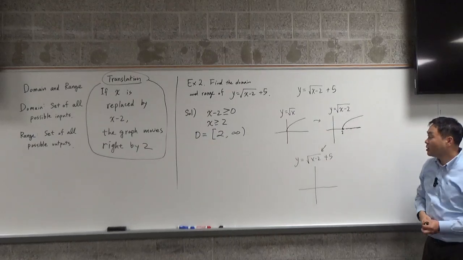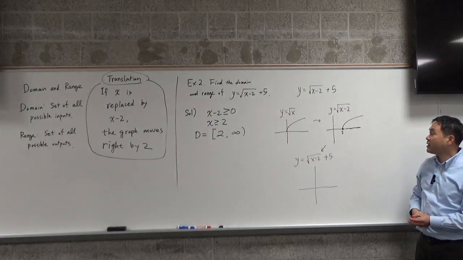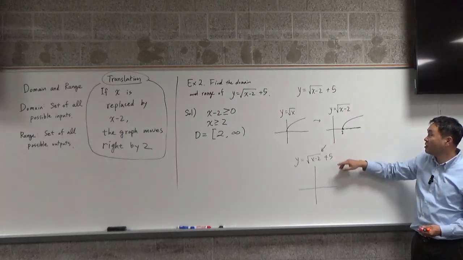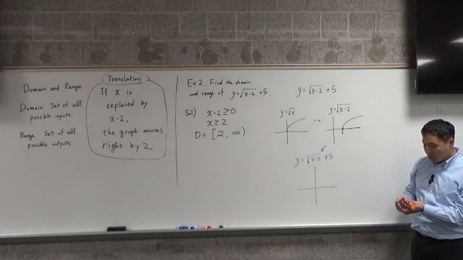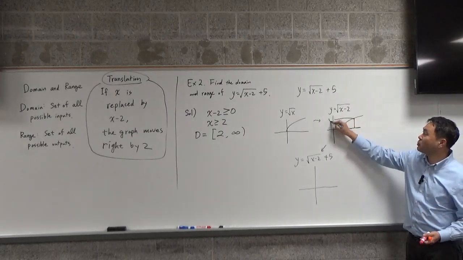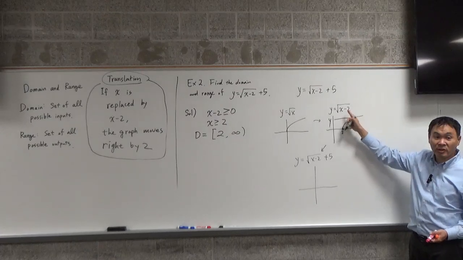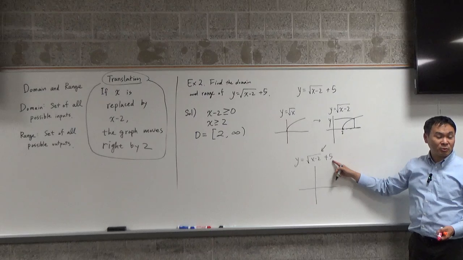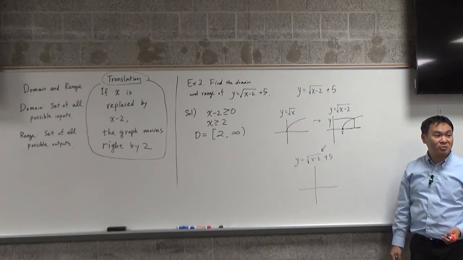Okay? All right, but then think about what would happen from here to there. See, for every x value, it produces the y value. That's what this relationship does, right? But now you're adding 5 to the output. So what's going to happen to the y values?